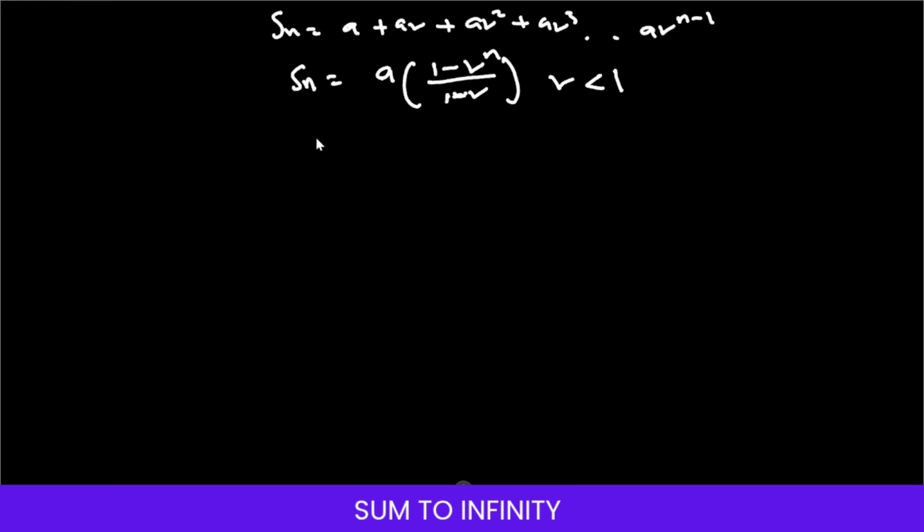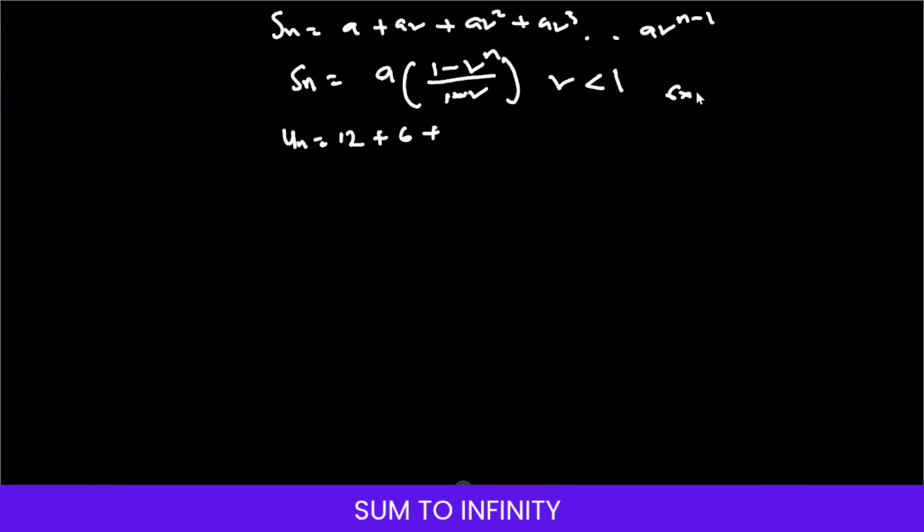Now, let's take a sample progression, Un. Let's assume the first term is 12. That means the second term will just be half multiplied by 12, which gives us 6.